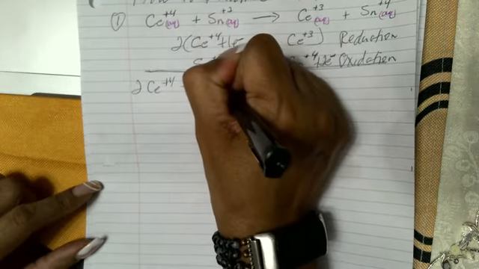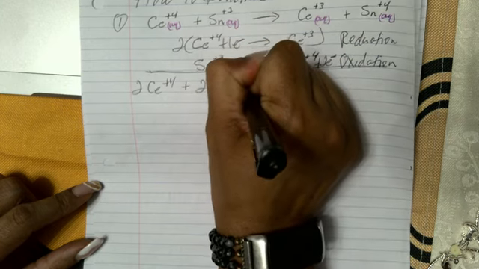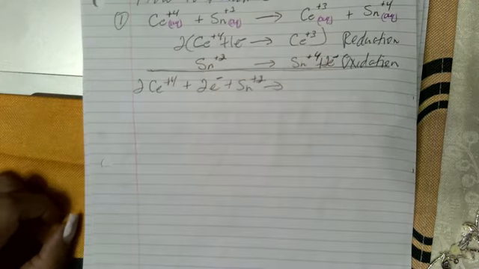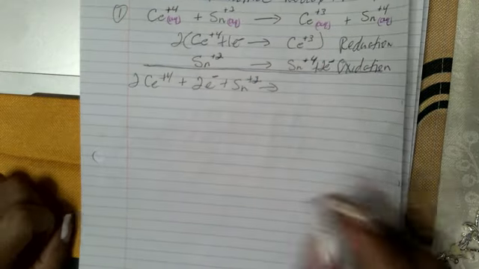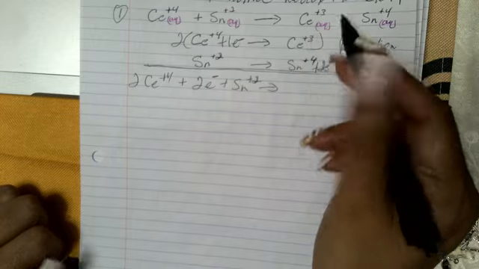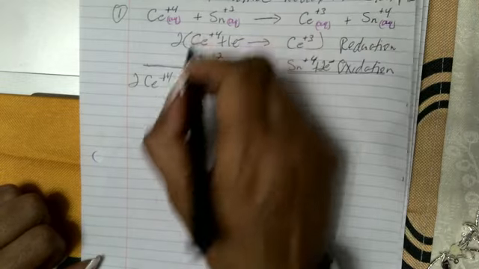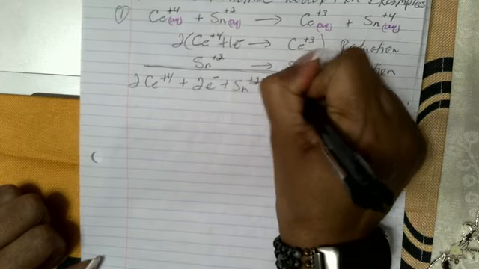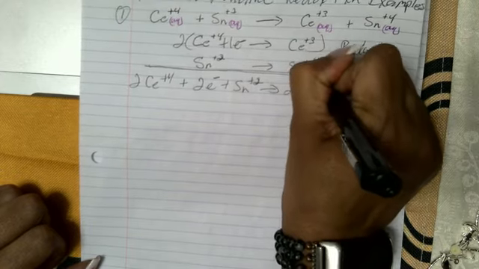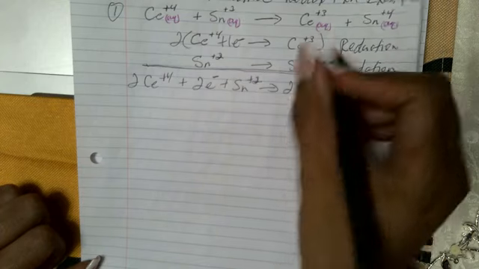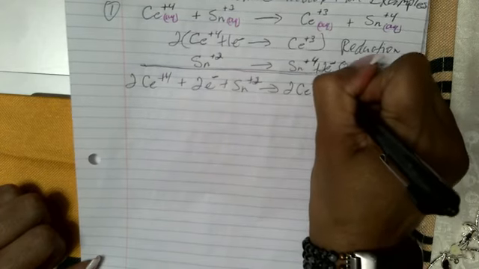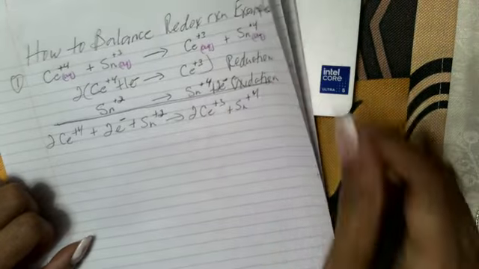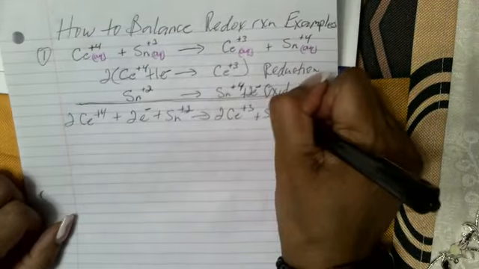Plus Sn 2+ yields. Then we're going to have 2 Ce, because 2 times the 1 Ce. So that's going to be 2 Ce +3. Bring down your Sn with a +4. Plus 2 electrons.